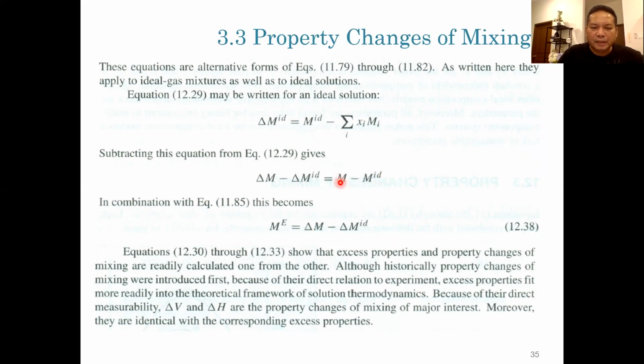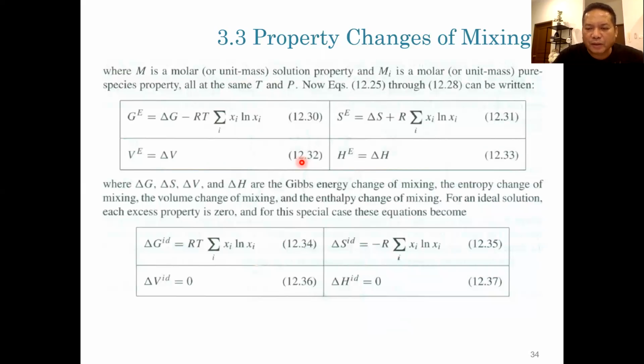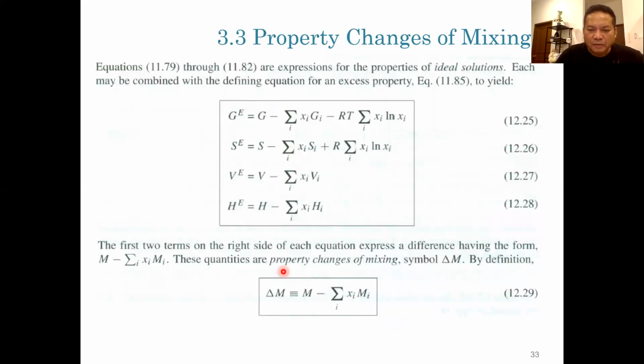This is actually M minus delta M. Hold on, let's go back to 12.29, see here, this equation here.